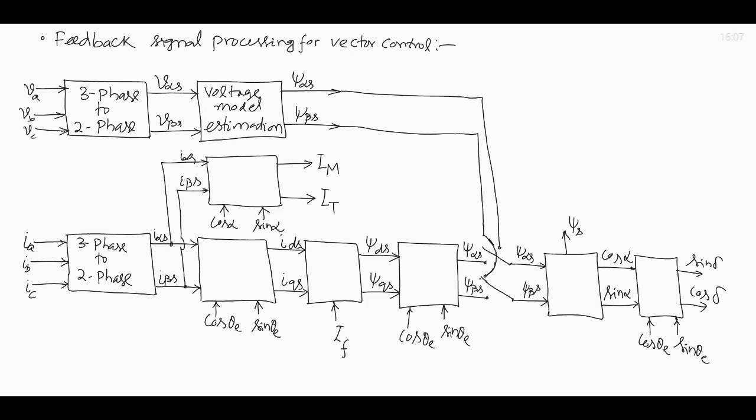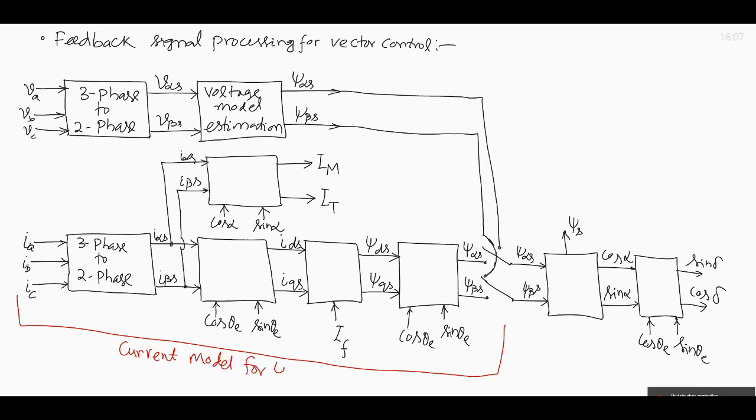From currents IA, IB, IC to estimate psi alpha s and psi beta s, this is the current model. And this is the voltage model estimation, and we have a switch here which can change from voltage model to current model.